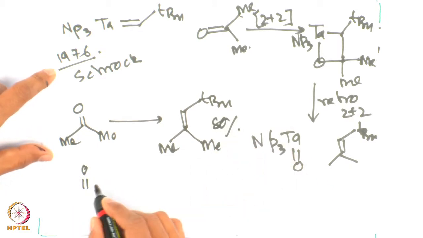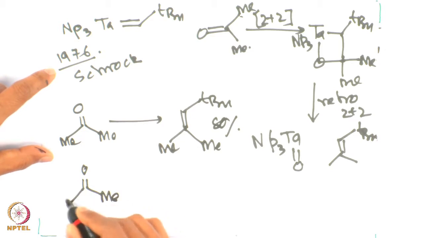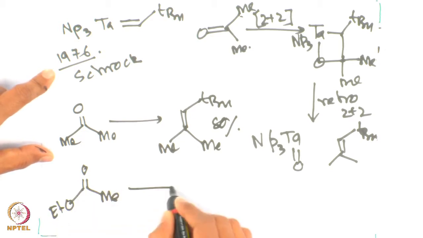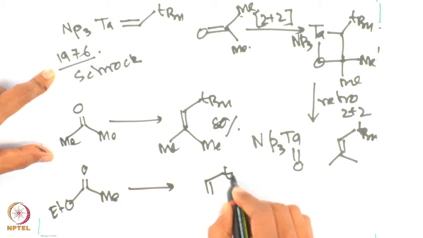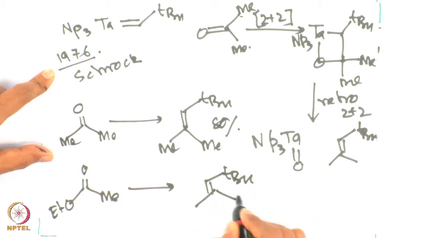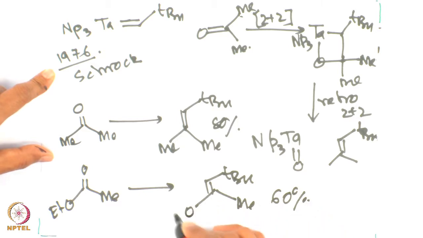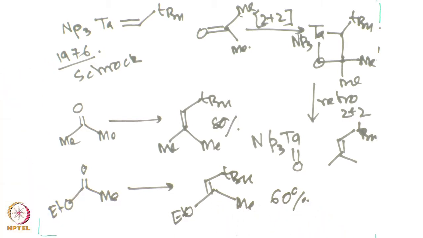Interestingly, as I was telling, the ester also reacts to give you the corresponding olefin in 60% yield. Now, Wittig reaction of course does not work with the ester, because ester is less nucleophilic in nature.